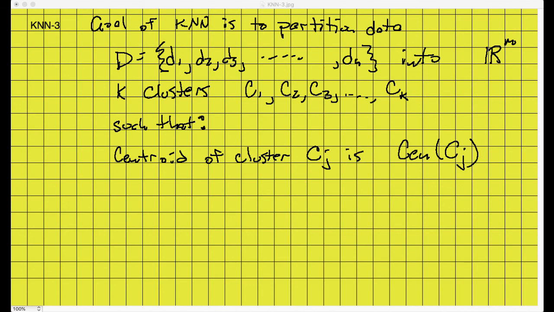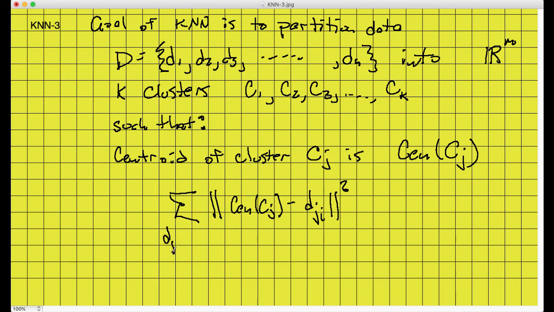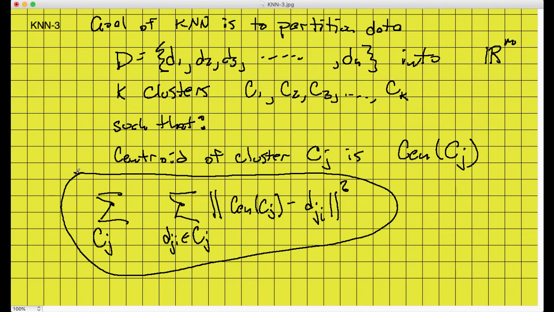Well, it's to take all of these points and put them into K clusters such that when I look at the distance, the absolute value of CEN of CJ minus DJI, when I look at this squared and I sum this over all DJI's contained in CJ, and then I sum this over all CJ's, this quantity right here is minimized.